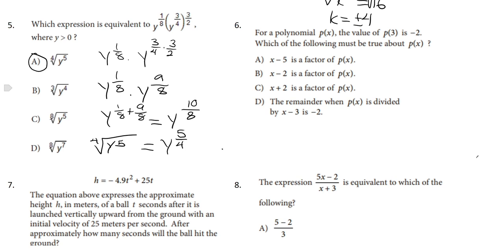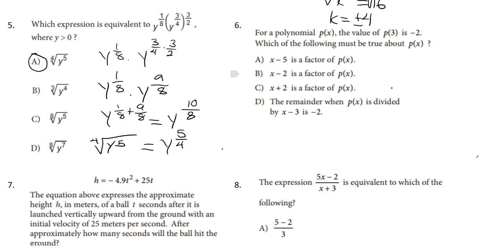For number 6, we have a polynomial p of x, and the value of p of 3 is negative 2. Which of the following must be true about p of x? In order for something to be a factor, which answer choices A, B, and C all have, the number that we plug in for x has to result in 0.